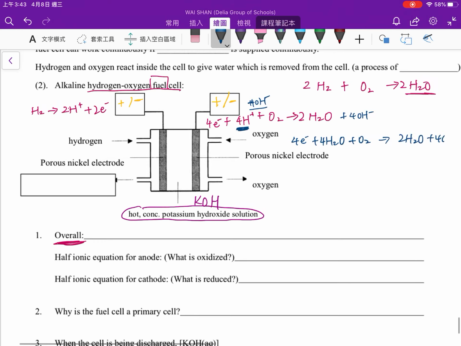For other things, I just copy it. Not yet done. The last step, you have to simplify it. No more water here, and deduct 2 water, so only 2 water left. You tidy it, and then it will be the half equation.